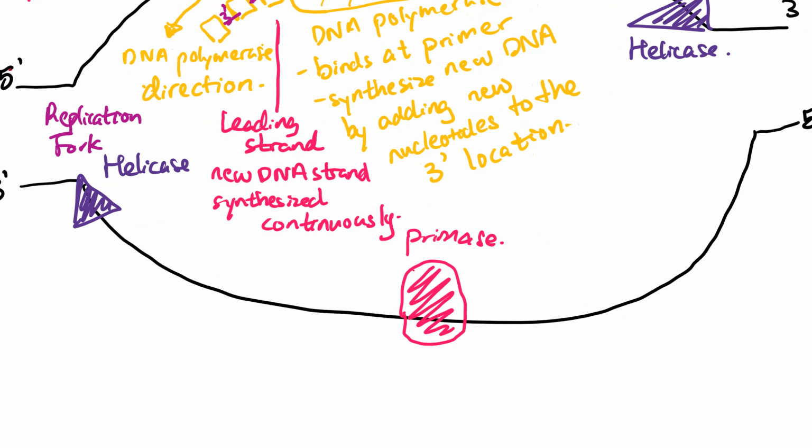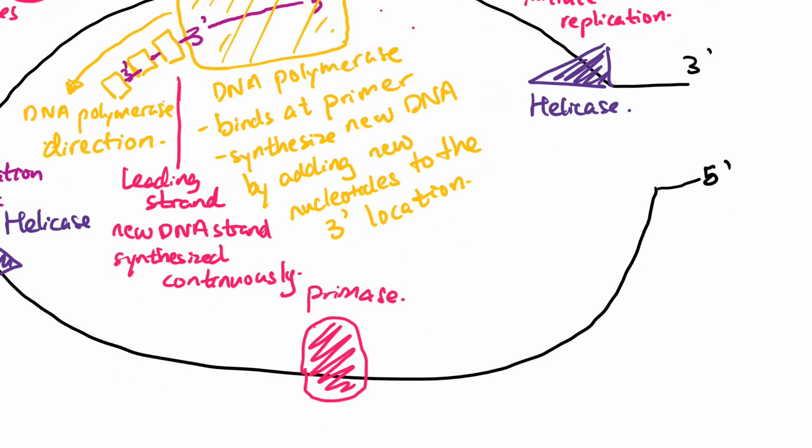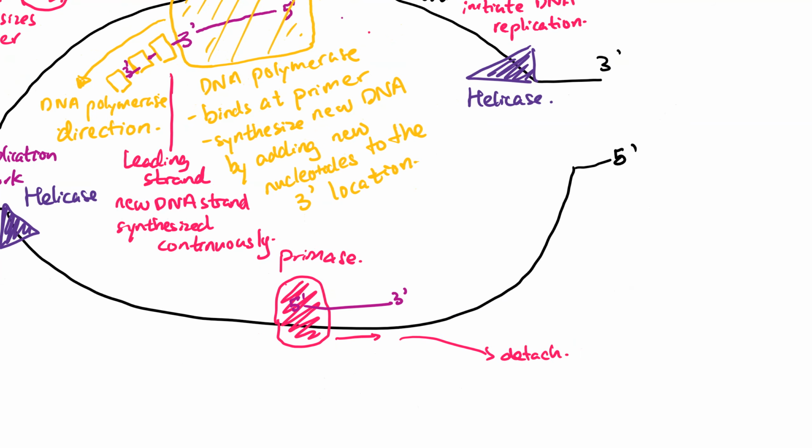So same thing over here in the opposite strand, right? The primase is going to synthesize a RNA primer 5' to 3'. As the primase moves forward, it will detach. And then DNA polymerase, my bad, DNA polymerase is going to bind here.